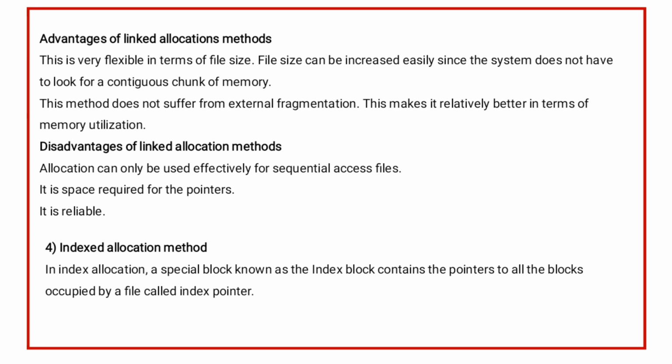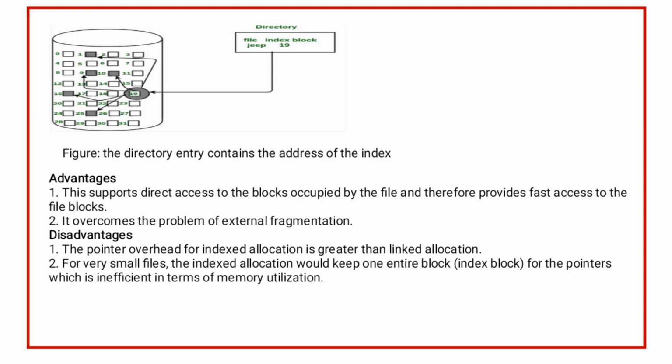Indexed allocation supports direct access without suffering from external fragmentation. The index block is normally one disk block, thus it can be read or written by itself. And the figure shows the directory entry contains the address of the index block.